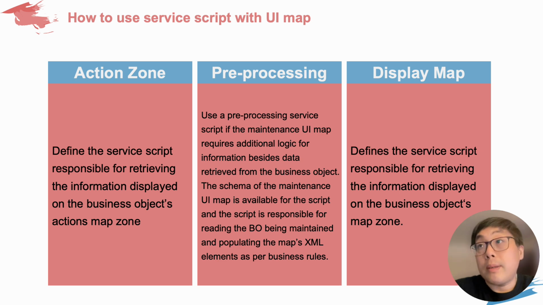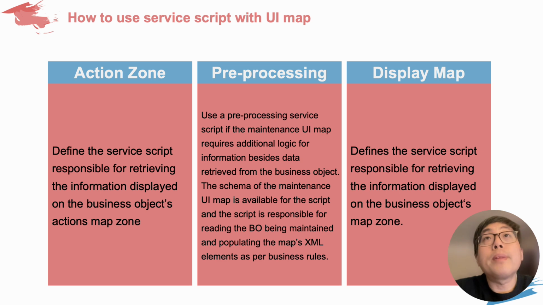System means it can only be transitioned by, for example, an algorithm or batch job. If it is system and user, it will be defined in this service script to allow the button to be shown, so you can click on that button and do the transition manually. That's what the service script for action zone is for.